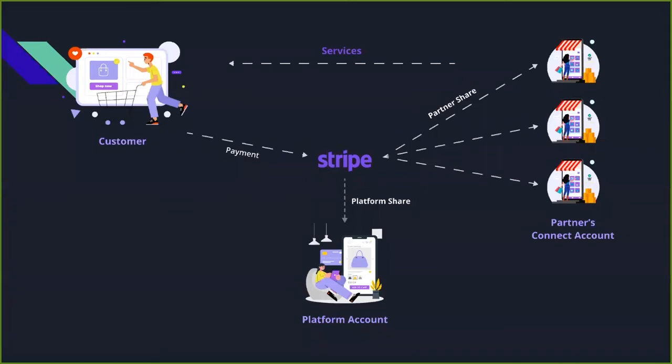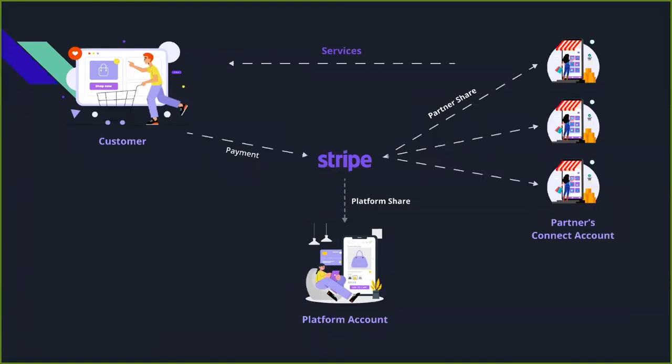Then what happens, as we discussed earlier, when any seller signs up to your website, that is the best time to create that seller's connected account. So now the seller has created the connected account. Then he is adding his products on the Amazon website and selling to the customer.